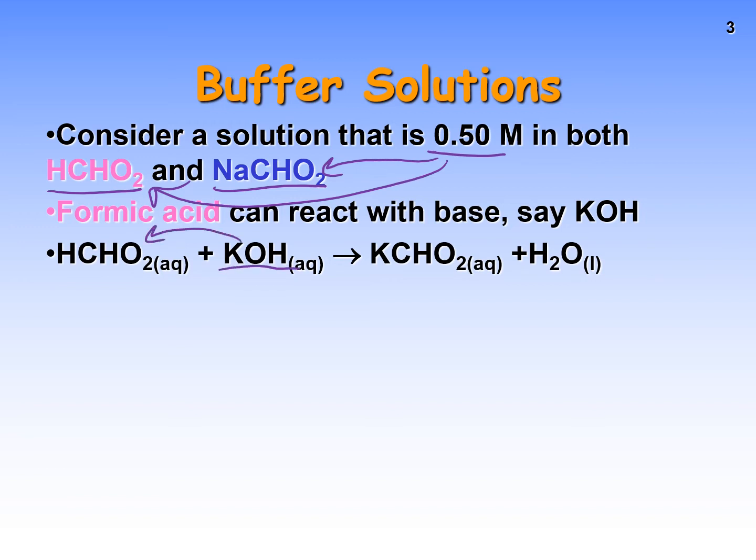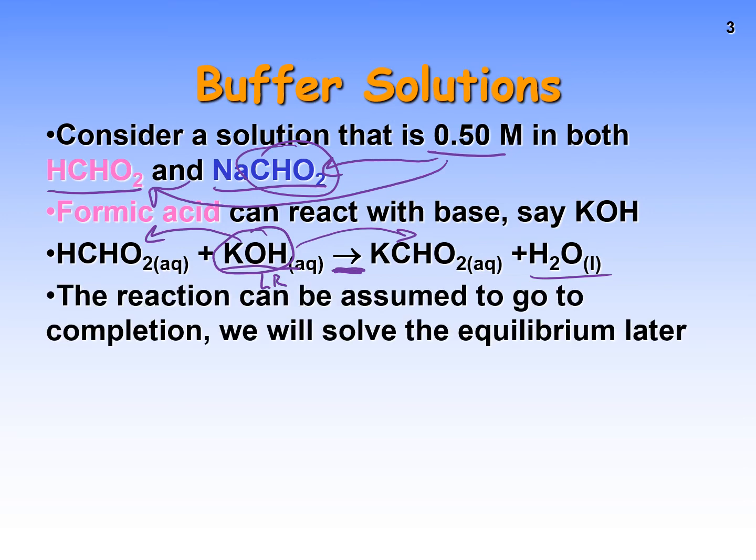The formic acid will form more formate, which is our conjugate base, CHO2 minus 1, and water, which is whatever. In this case, as long as the base is the limiting reactant in this reaction, notice it's a one-way arrow. That's important. This reaction will still have a buffer at the end if our KOH is our limiting reactant.